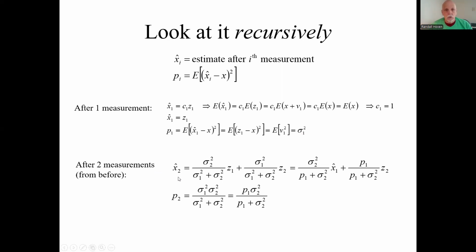After two, we just went through that problem, so we know how to come up with that answer. And it was this. But now look, P sub 1 is the same as this sigma sub 1 squared. So we can replace these sigma sub 1 squareds with P1. Now look at this. All we carry along is our previous estimate and this P1.